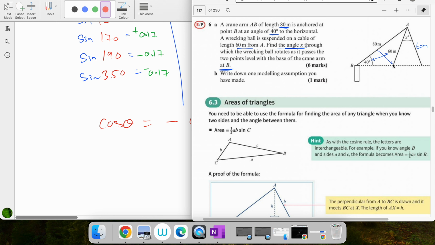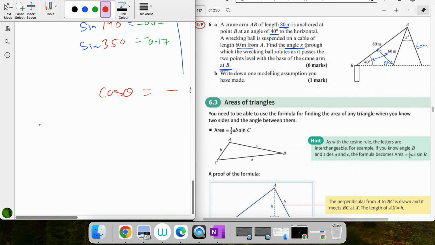If I use these two to find this unknown angle theta, I'm using the sine rule. Sine theta over 80 is equal to sine 40 over 60. So sine theta is equal to, cross multiplying, sine 40 by 60 into 80.